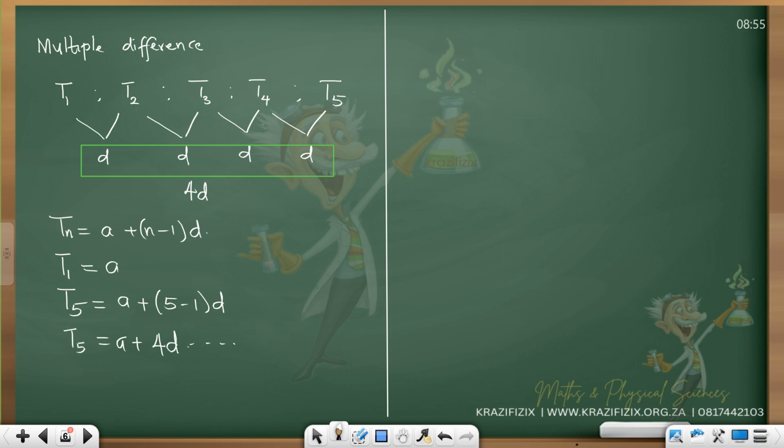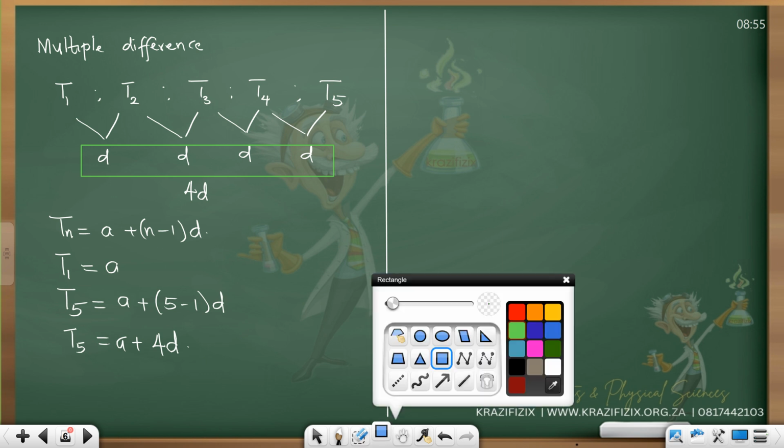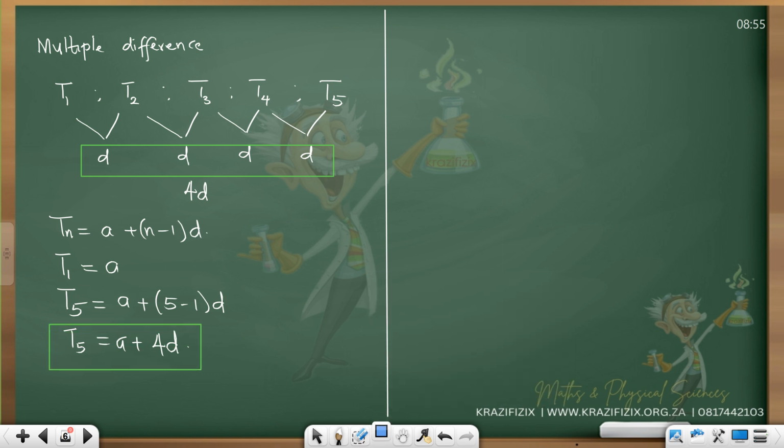Now, I want to show you, it's important to know all of this. If I then tell you what is T5 minus T1 as an expression, T5 minus T1 would be A plus 4D minus A. Oh, look at my 4D coming back again.